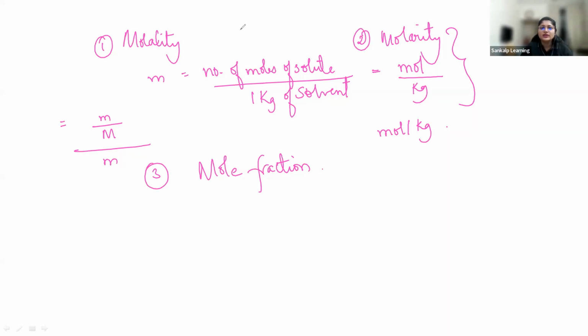Next is your molarity. So what is molarity now? Molarity is the number of moles of solute dissolved in 1 liter of solution, divided by the volume of solution in liters.